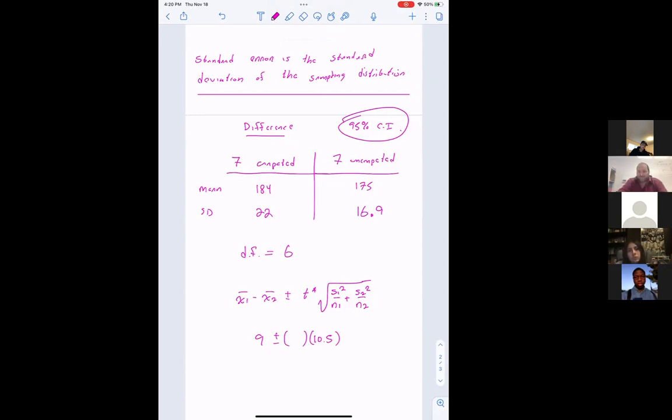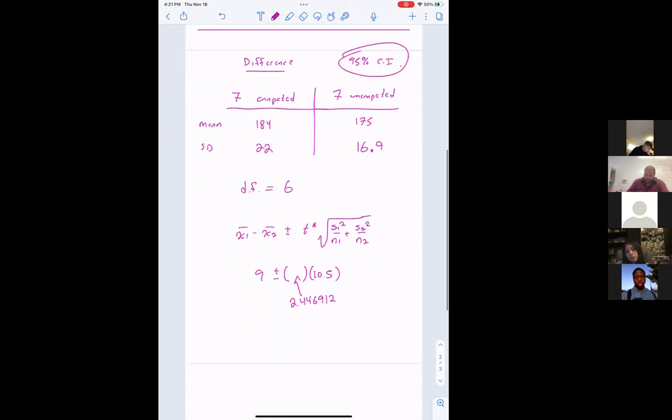So I look at 0.025 and I go to 6 degrees of freedom, and my t star is 2.44. Wow, this one's a lot of decimals. It gives me 2.446912, which I multiply by 10.5.